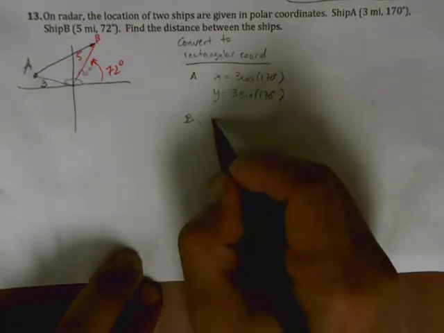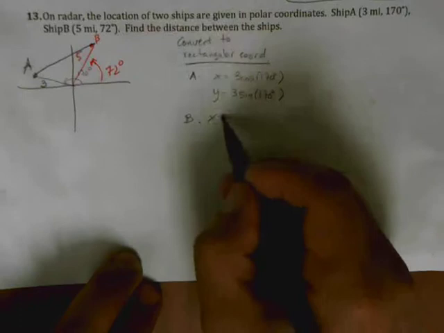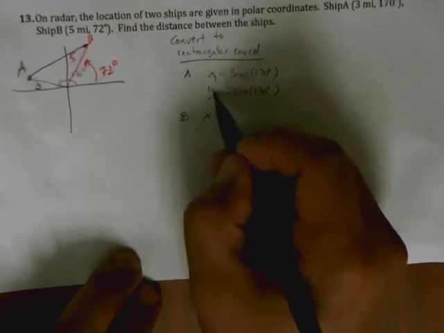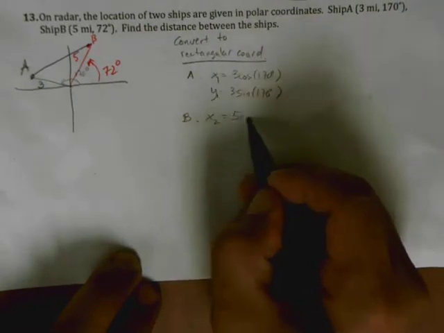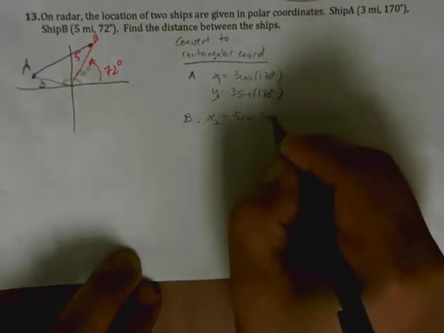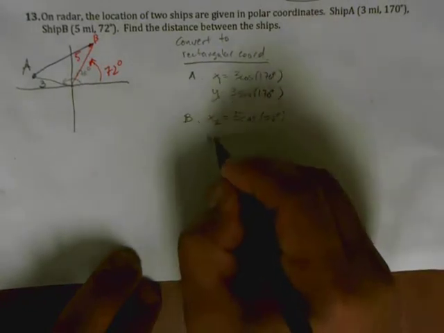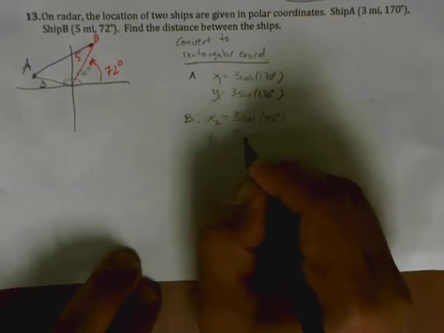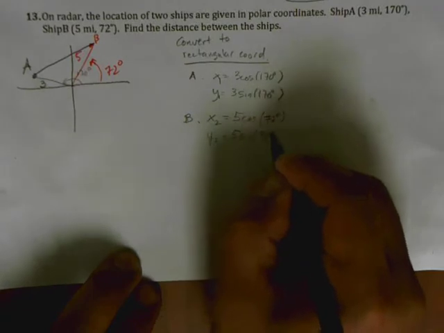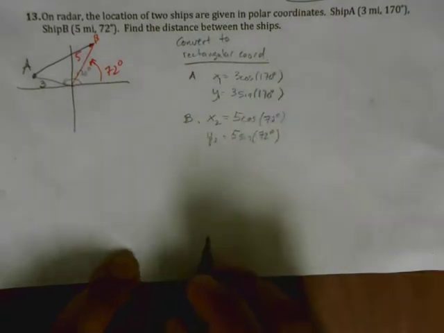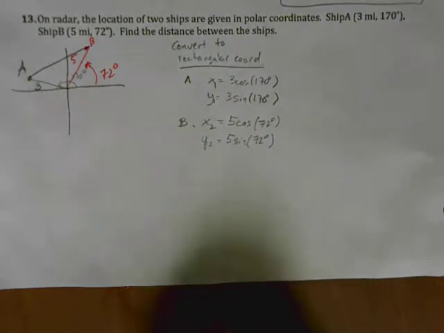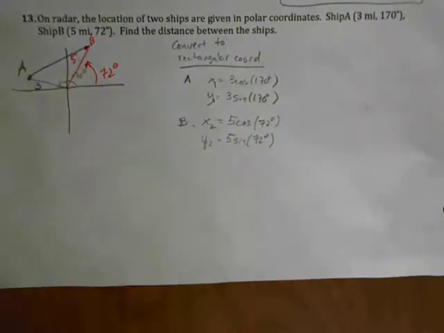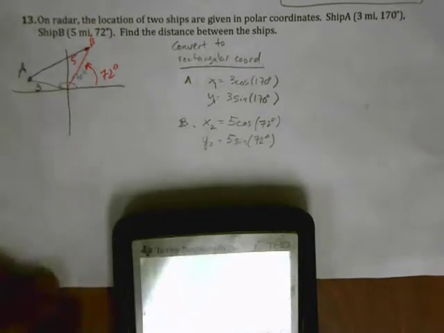B, we'll call this x1 and y1. Call it x2. It's going to be the radius, which is 5 cosine of 72 degrees, and y2, 5 sine of 72 degrees. Okay. And I'm going to convert this into these coordinates so that I can just take the distance formula.